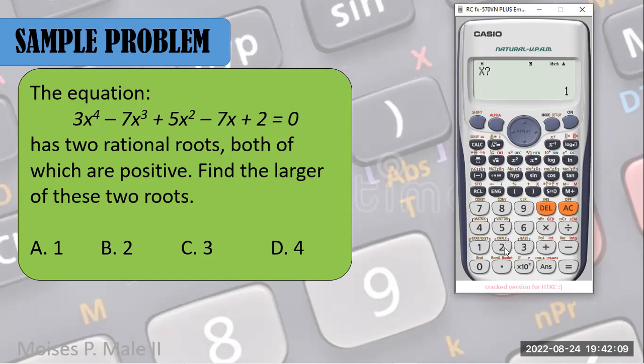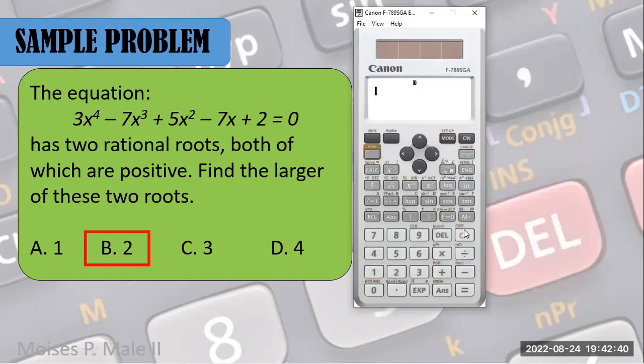So 2 is correct. But since 3 and 4 are larger, let's try 3. It won't give you 0. How about 4? 374. So only letter B will give you the correct answer. Right? So the correct answer is D.